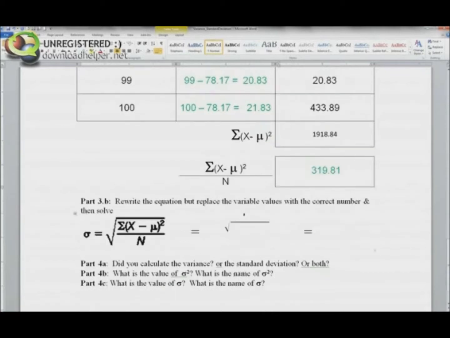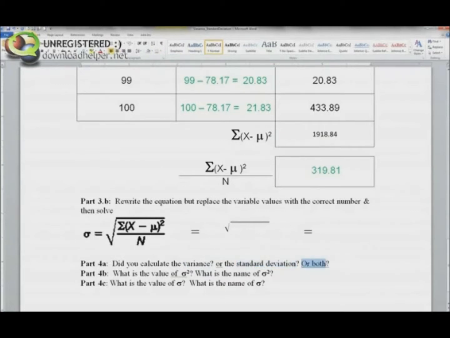Okay, so the very last thing that we need to do, and really what I could ask you right here, is throughout the course of this, are you calculating variance or standard deviation or both?